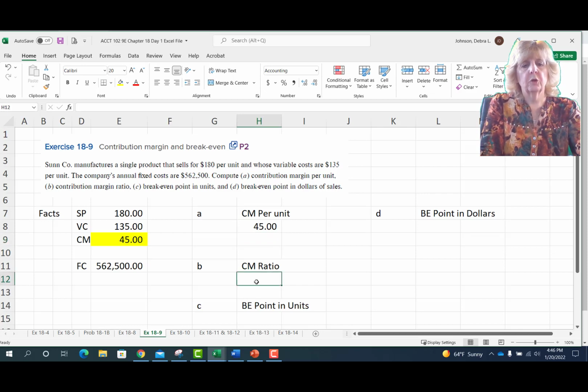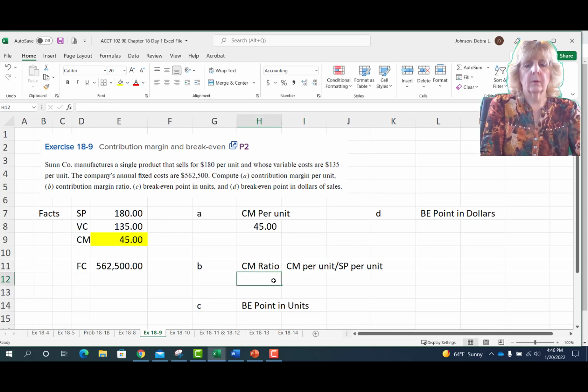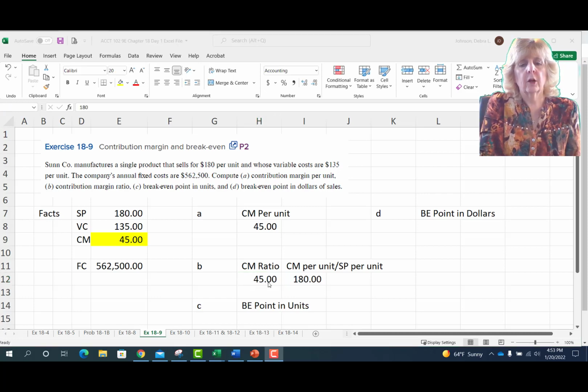Letter B wants us to turn it into the contribution margin ratio. This is the contribution margin per unit divided by the sales price per unit. In this example, we would take the 180. The contribution margin ratio is the contribution margin per unit divided by the sales price.